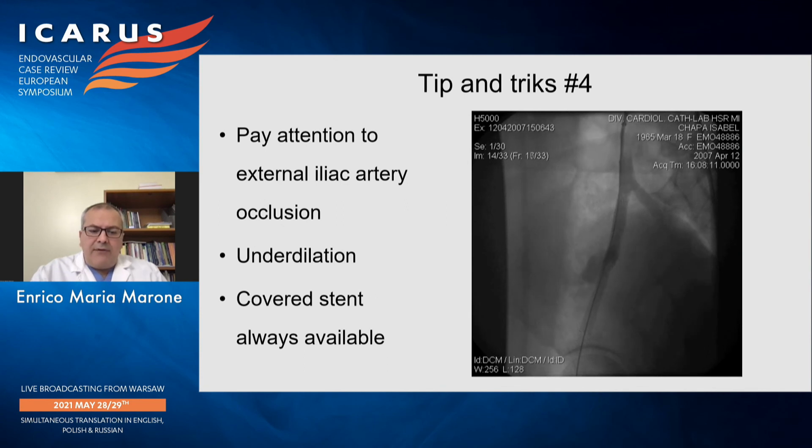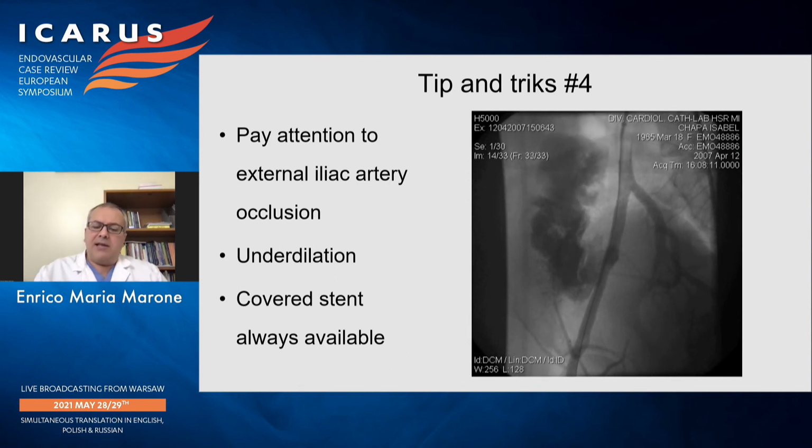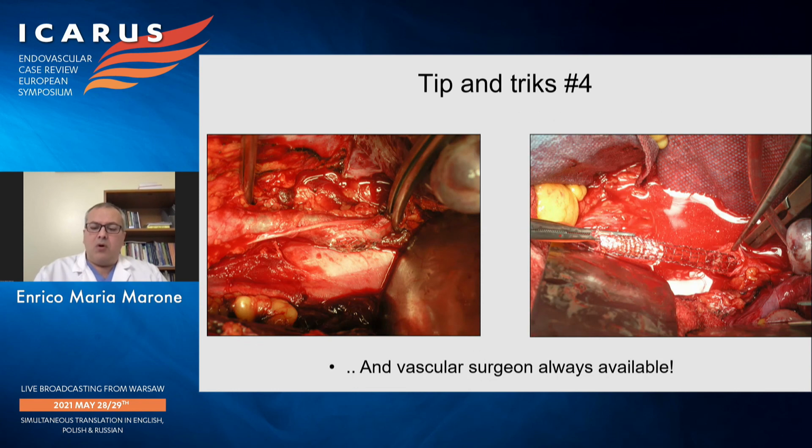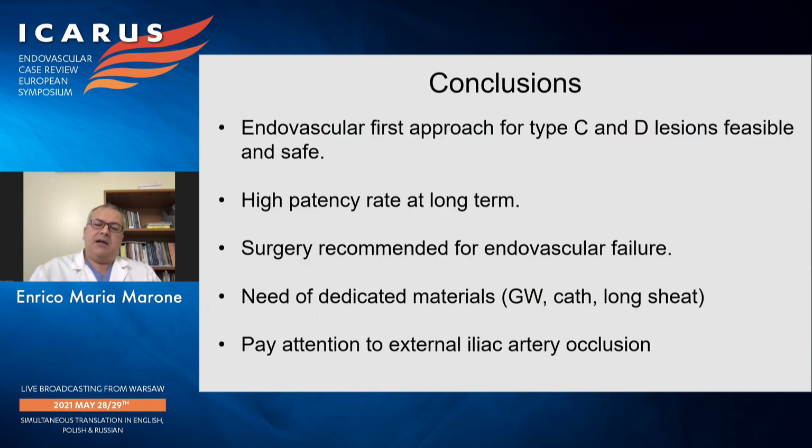The covered stent must always be available in the treatment of external iliac arteries. In this case, you can see the covered stent inside the stent. In this way, it is better to have a vascular surgeon always available, because we may convert this kind of case.